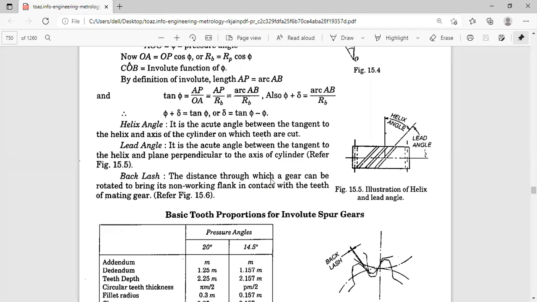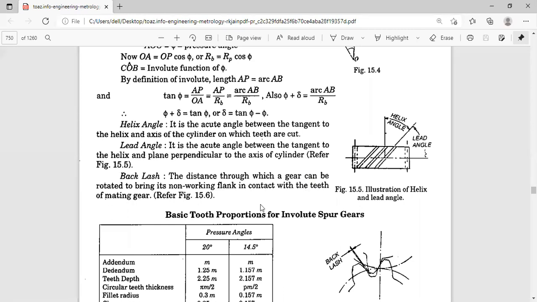Why I'm comparing is because it's a vague term. If anybody says it's clearance, it's wrong, because backlash is nothing but the distance through which a gear can be rotated. There are two gears in a pair. You keep one gear fixed and rotate the other gear to bring its non-working flank in contact with the teeth of the mating gear.